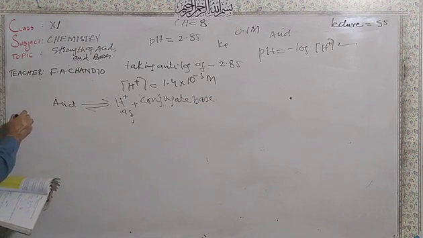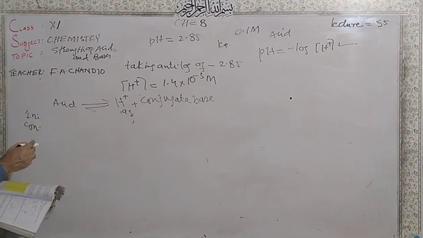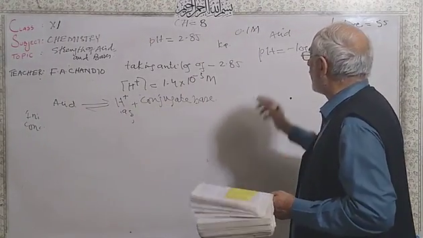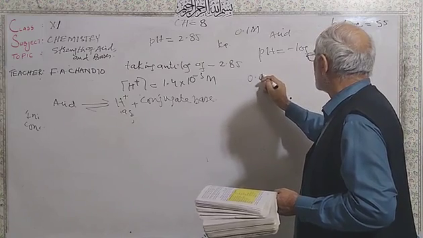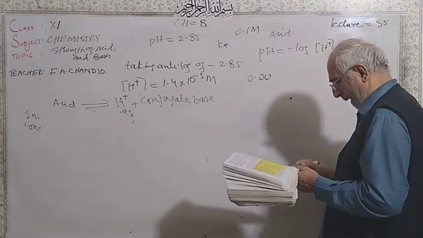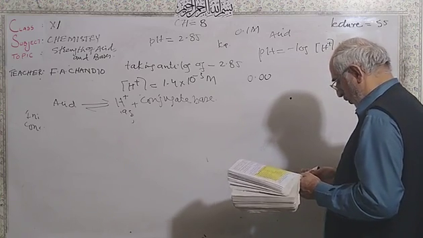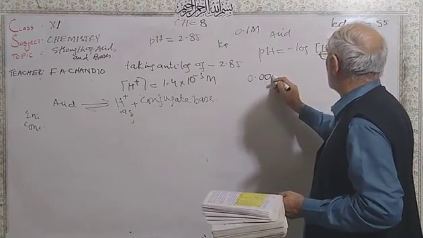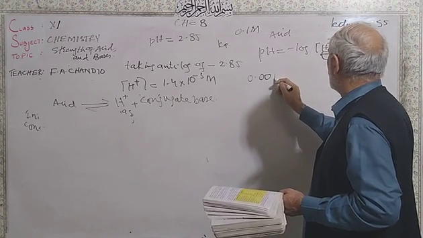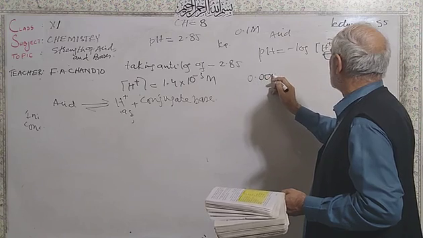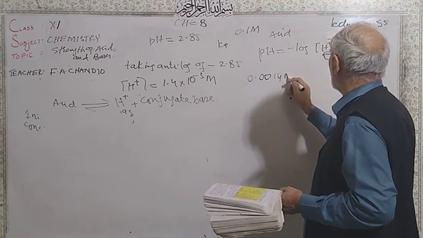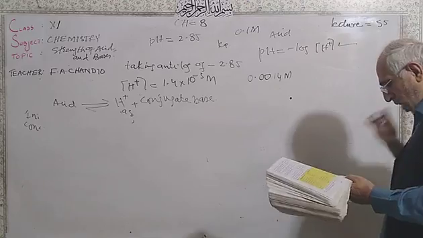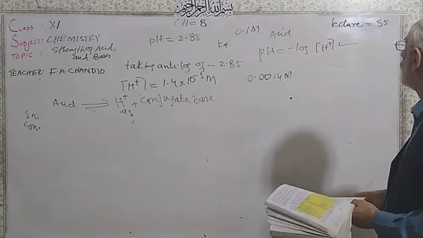So for the equilibrium concentrations: 1.4 into 10 raised to the power minus 3 means, if you change into decimal, 0.0014.